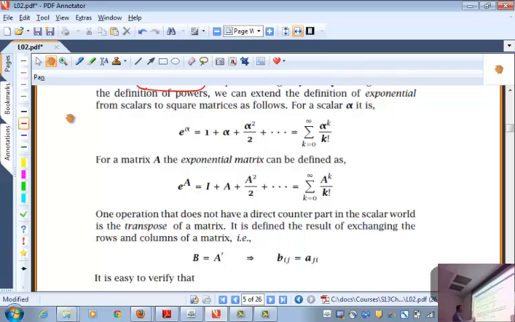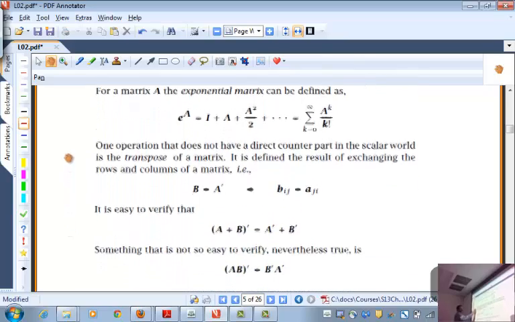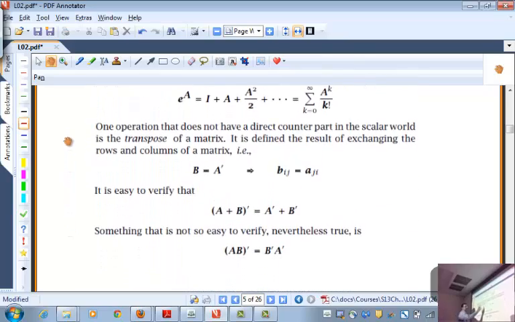Then we have the transpose defined as simply switching the indices, the rows and the columns. Okay, and that's again another definition of a new operation. And transpose applied on a sum, A plus B, is simply A transpose plus B transpose.